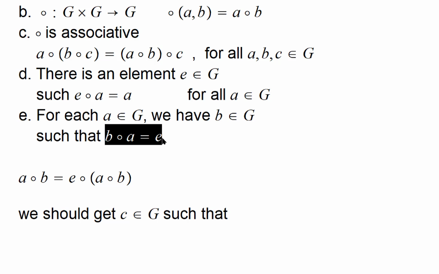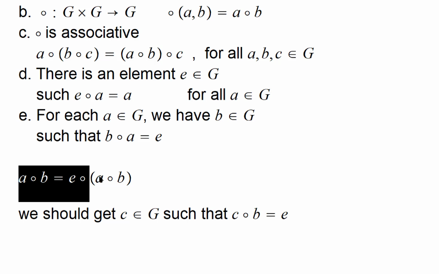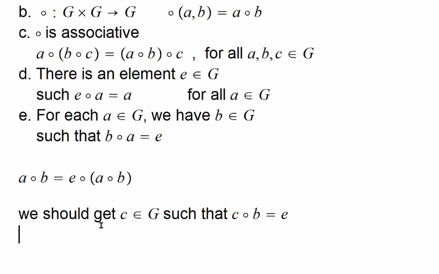Since we have an inverse on the left for A, we will have the same thing for B as well. Now we go ahead and insert that here, because we have B∘A as E, and we want to show that A∘B equals E as well.